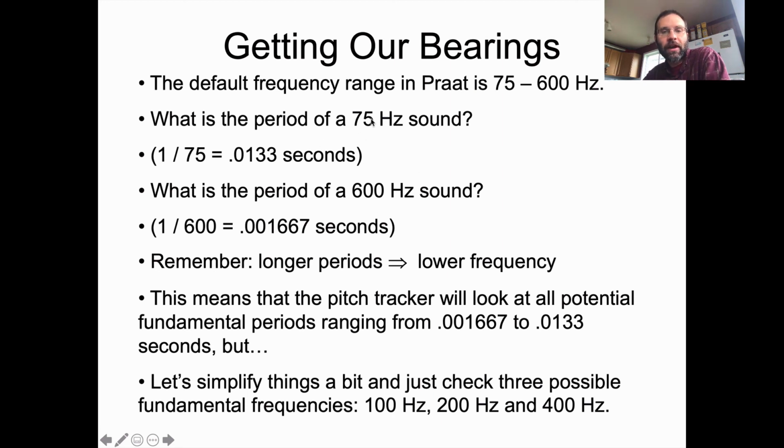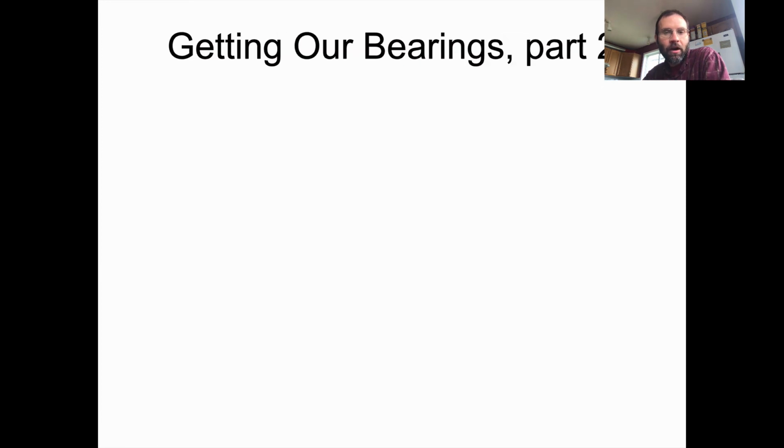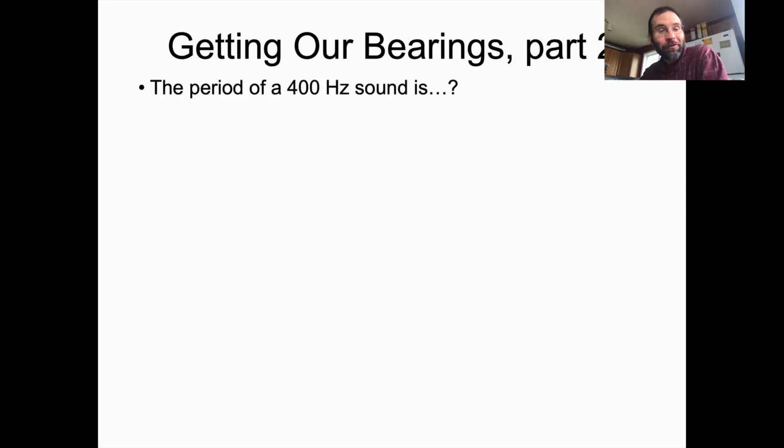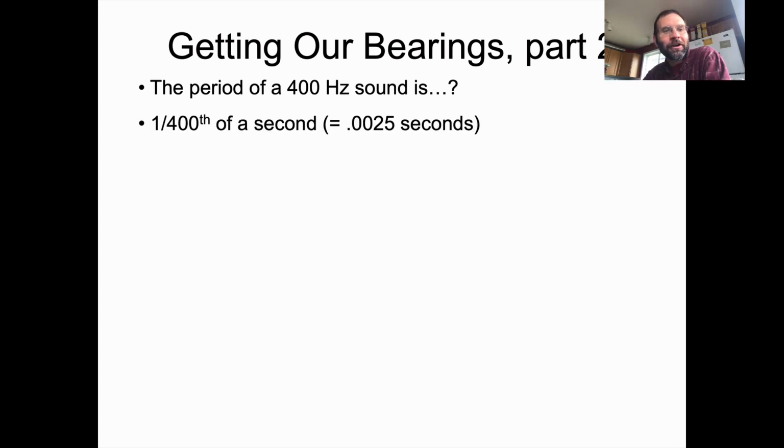So our overall range is 75 to 600 hertz. Let's just look at 100, 200, and 400, in part because those 3 frequencies will make the math relatively easy for us. Okay, so the period of a 400 hertz sound is just going to be what? 1 over 400, right? And that winds up being 0.0025 seconds.